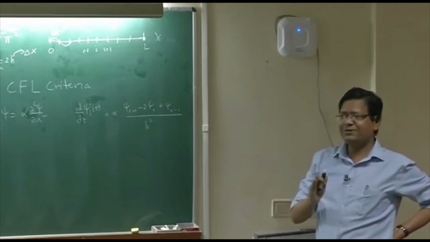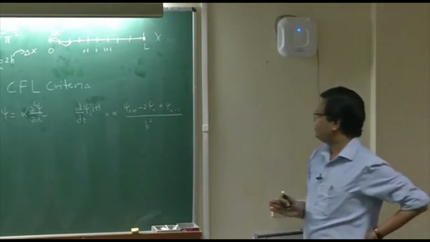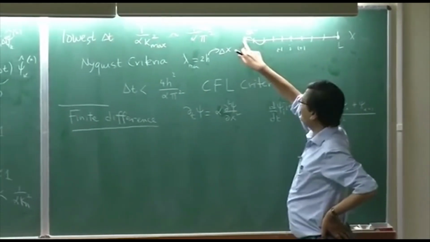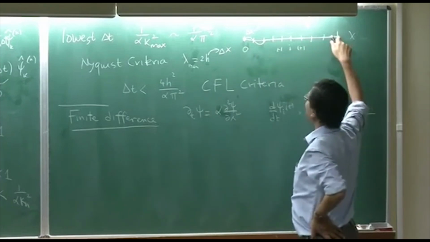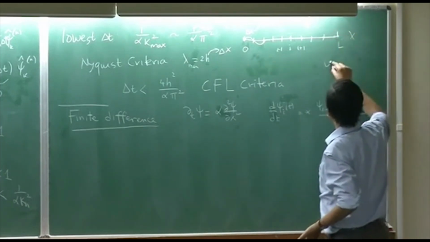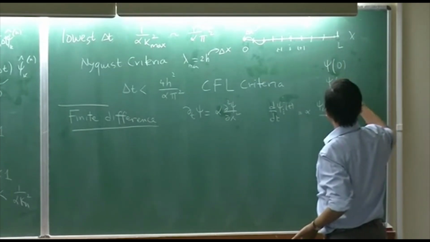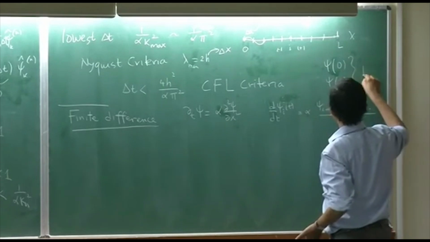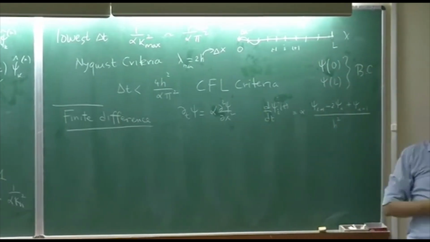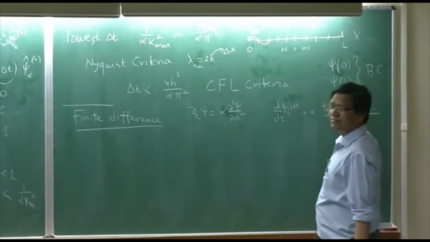So I should not time step the boundary values. These are the boundary conditions, psi at 0 and psi at L. So don't write an equation for those, but write equations for everything else.